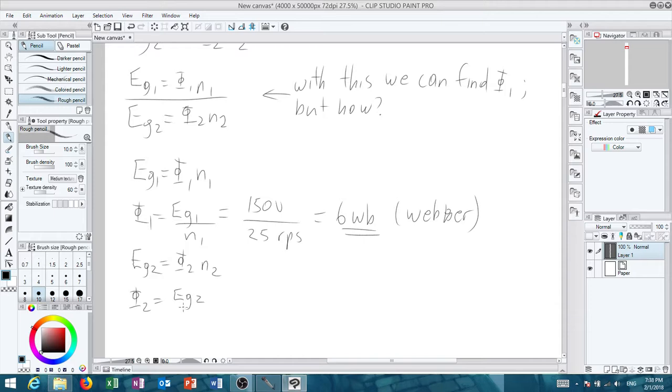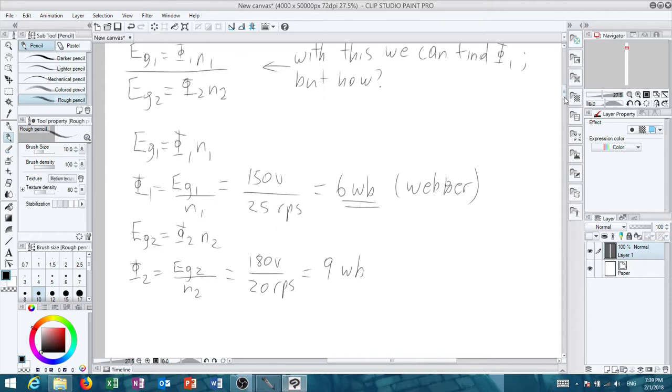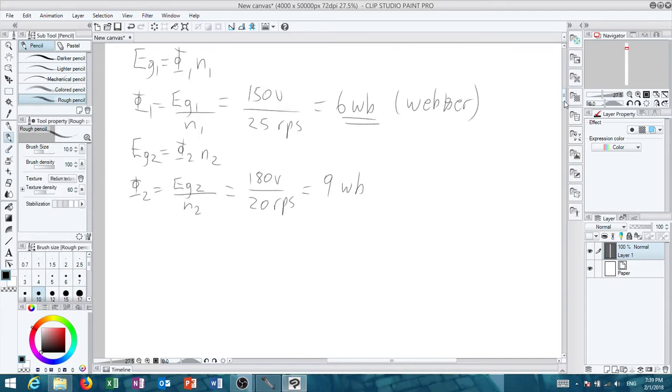And that gives us 180 volts over 20 RPS. And when we do this, we get 9 Weber. Now we have phi 1 and phi 2.